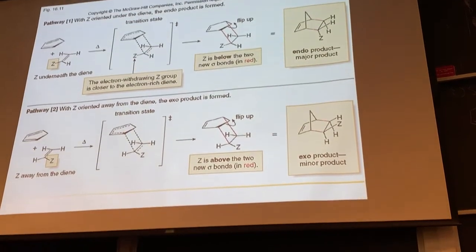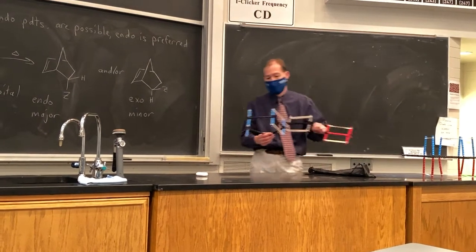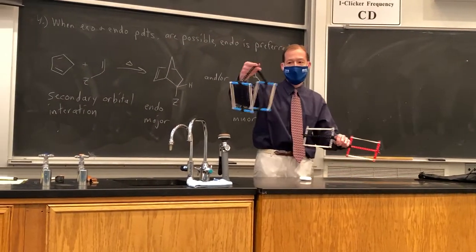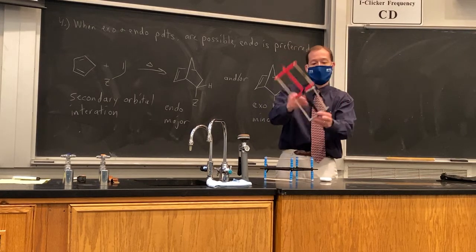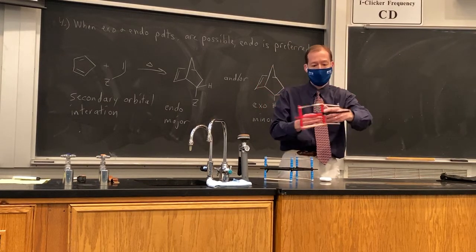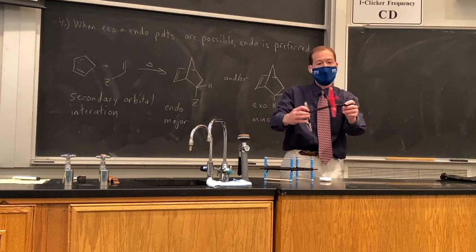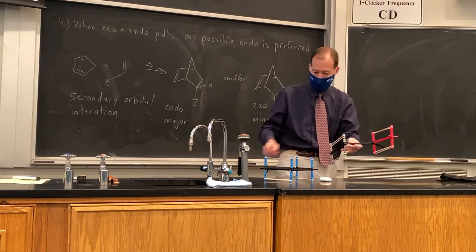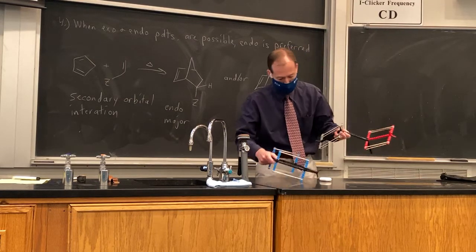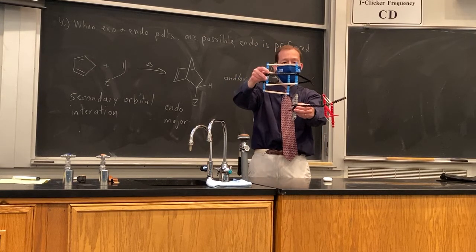I brought some models today, so we can show this to you with our molecular models. Here's the cyclopentadiene. Here's our dienophile. This is our carbon-carbon double bond. This is our carbon-oxygen double bond. The one I made here is a ketone. This is called methyl vinyl ketone. So we're going to bring our diene below our dienophile.